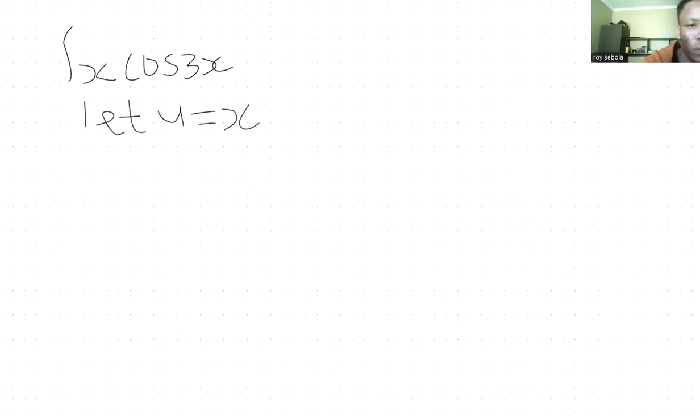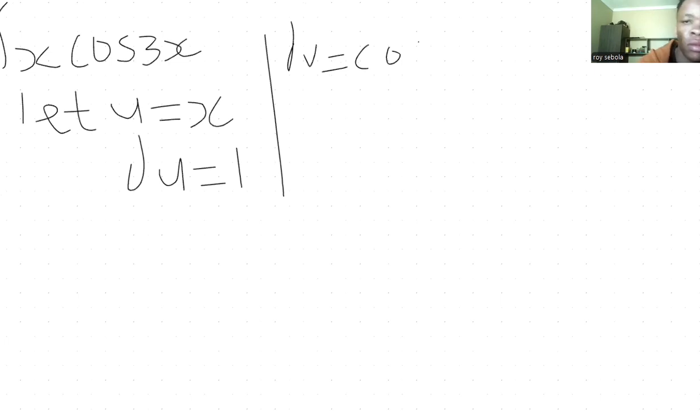Then dv is equals to cos 3x, then v is equals to sine 3x divided by 3.